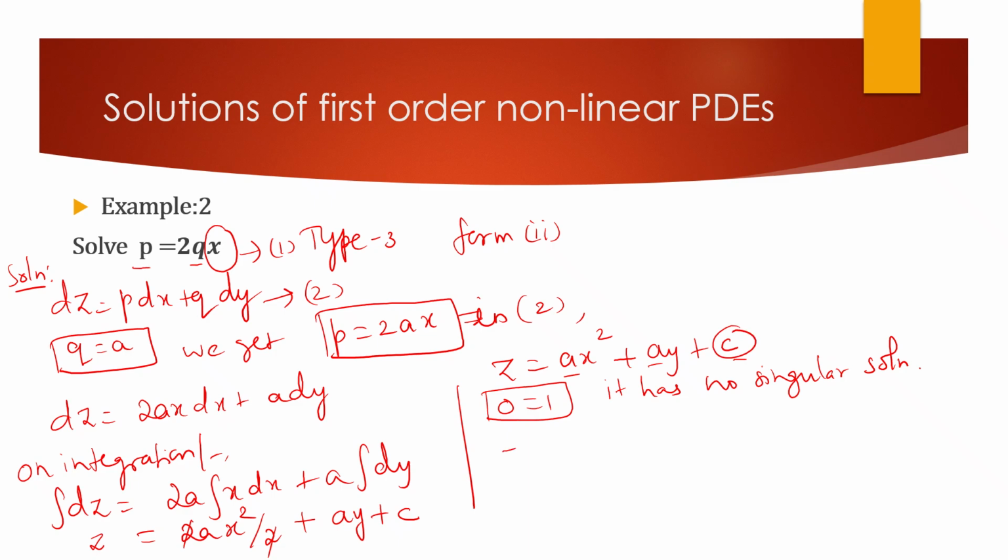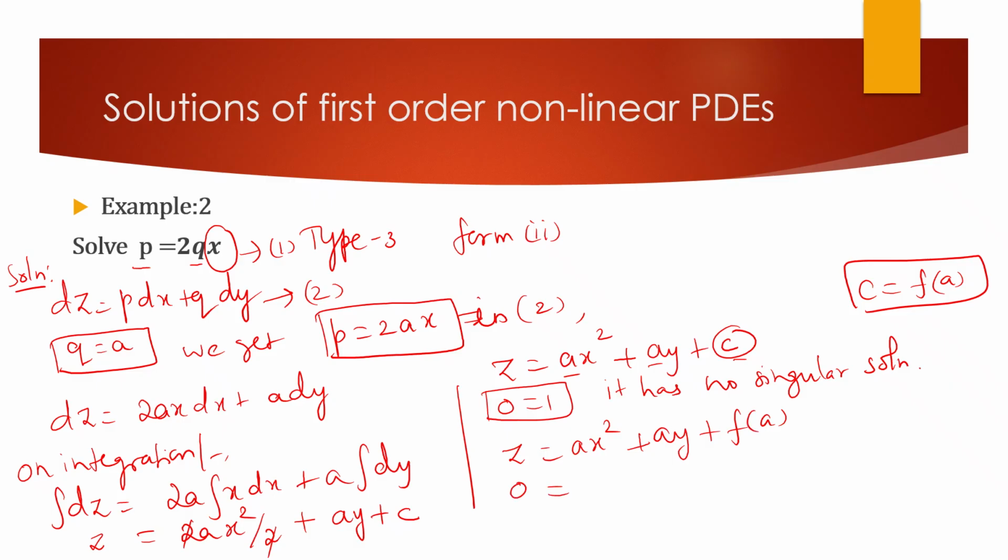That is, if we take c as function of a here, we get z as ax square plus ay plus function of a. Now differentiating this partially with respect to a, we get 0 is equal to x square plus y plus f dash of a.